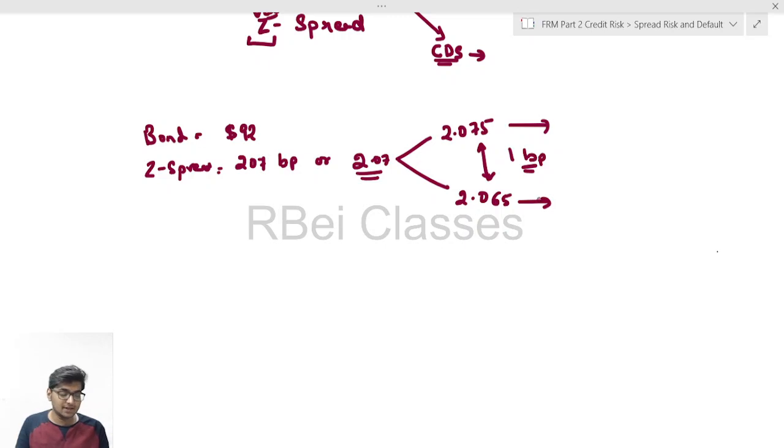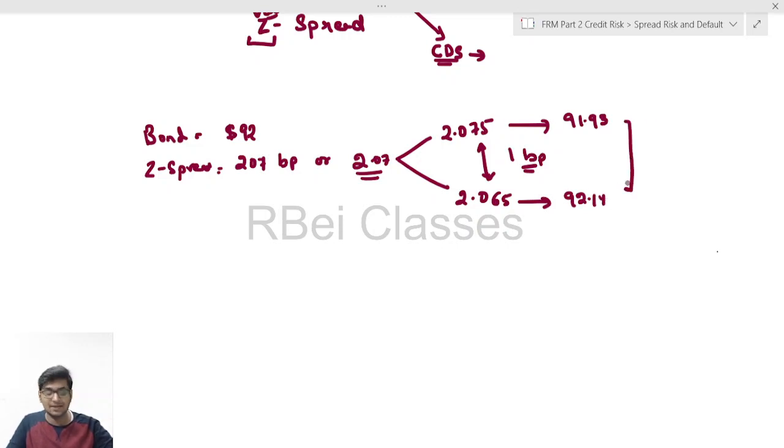When you increase the interest rate, the bond price will decrease. When you decrease the interest rate, the bond price will increase. So when you increase it, the new bond price is 91.93, and when you decrease it, the price is 92.14.